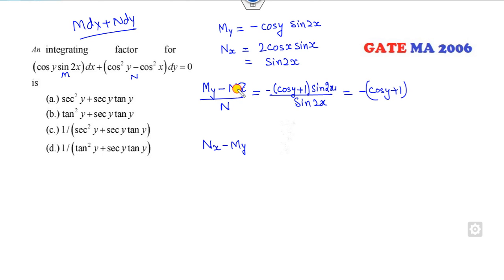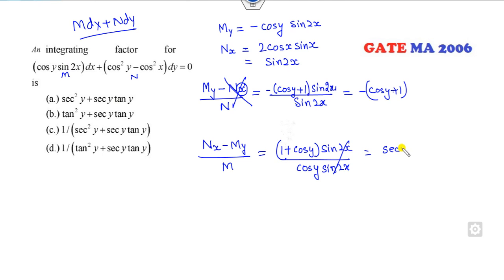But we need an answer in terms of x, so it is not possible. So I have to divide it by M. If I divide, it will be 1 plus cos y of sine 2x divided by M, cos y sine of 2x. So it will be secant y plus 1.